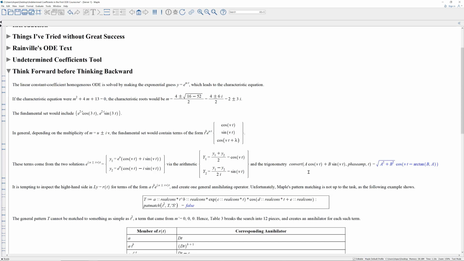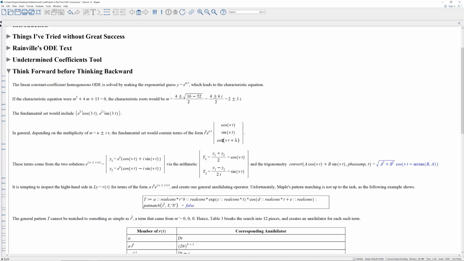Now, Maple has this command for converting a sum, a cosine vt plus b sine vt, which is possible to have in the right-hand side. Convert it using this into the phase amp form.